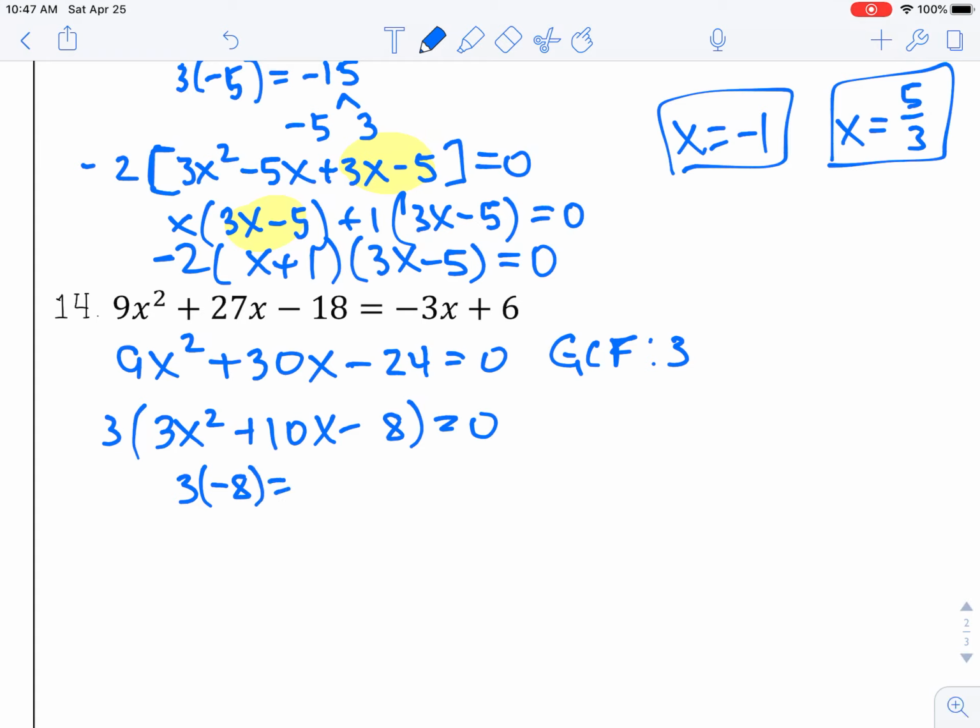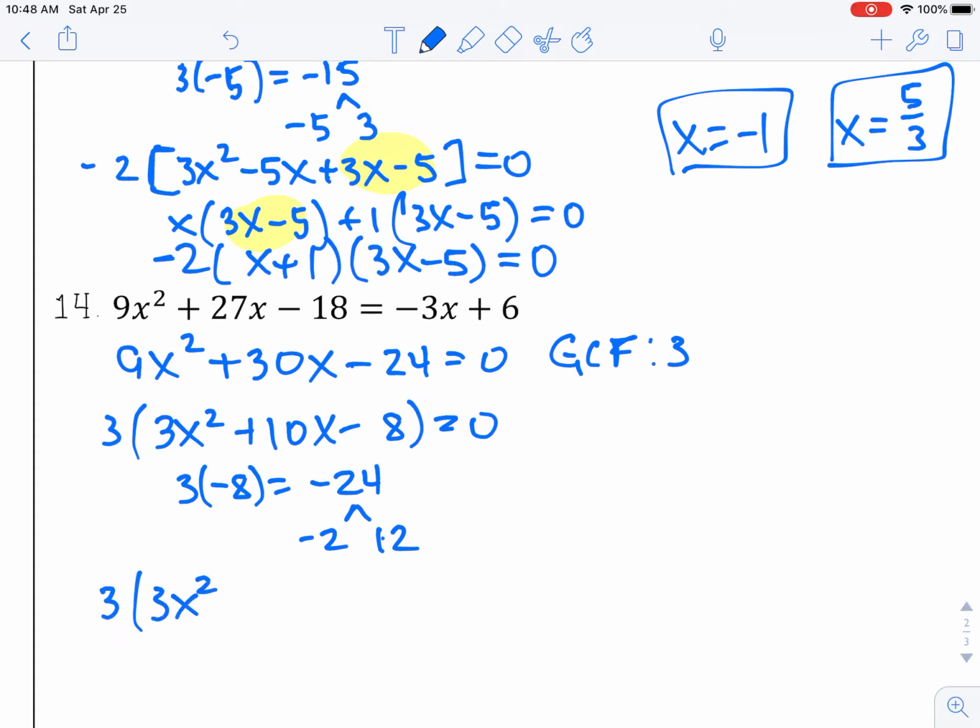Multiply my A and my C. Two factors that give me 10 are negative 2 and 12.